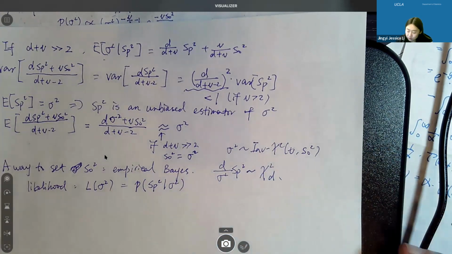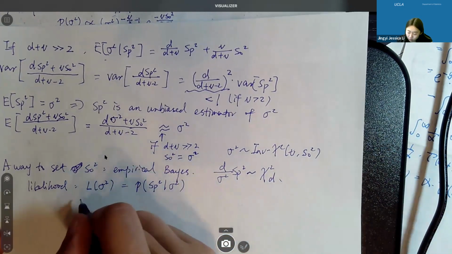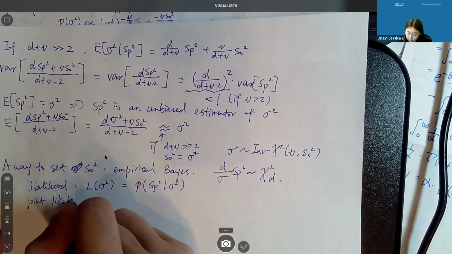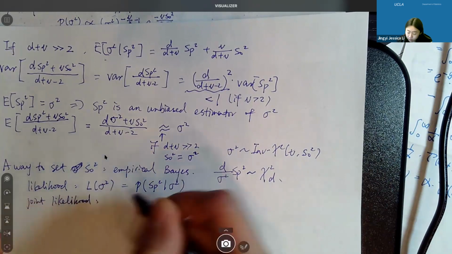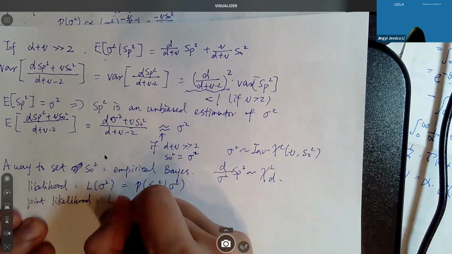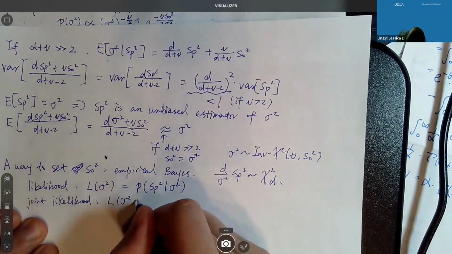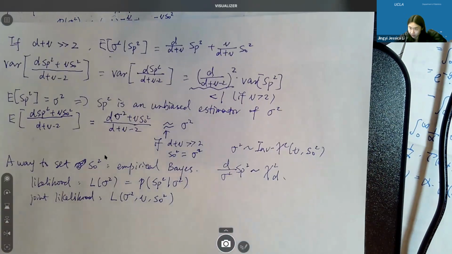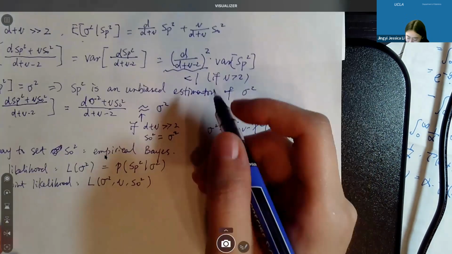Okay, so one way to do this is that I can first write the joint likelihood. Sorry, maybe no, this is a bad way of saying it.